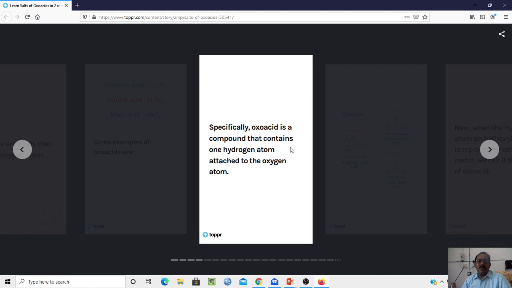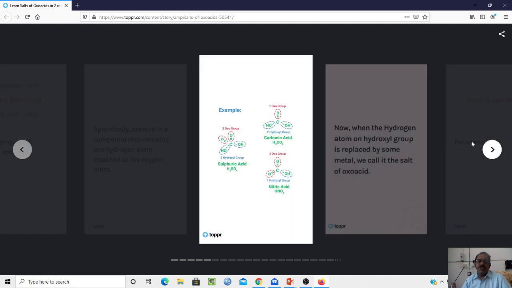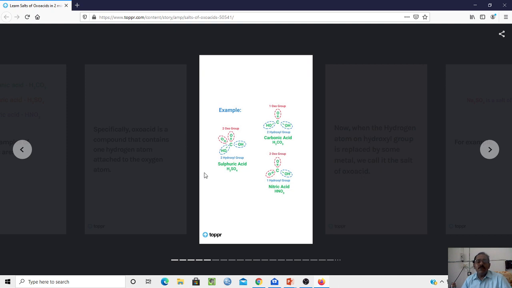These are oxoacids. Specifically, an oxoacid has a hydrogen atom attached to an oxygen atom. Okay, let us see with a structure. You see for this sulfuric acid, in H2SO4 the hydrogen is attached to oxygen, and also we have two oxo groups, which is why we call it an oxoacid.